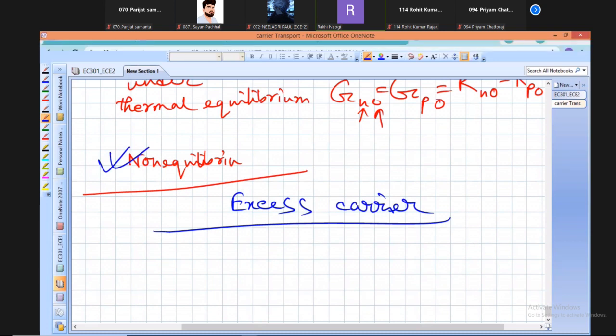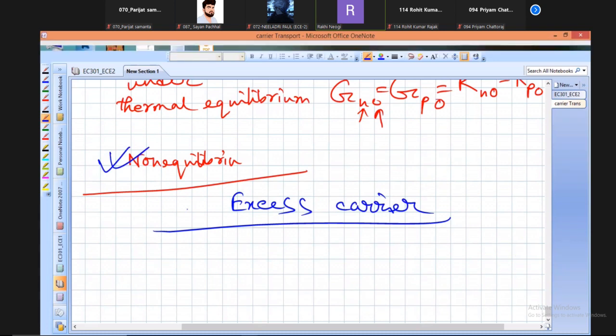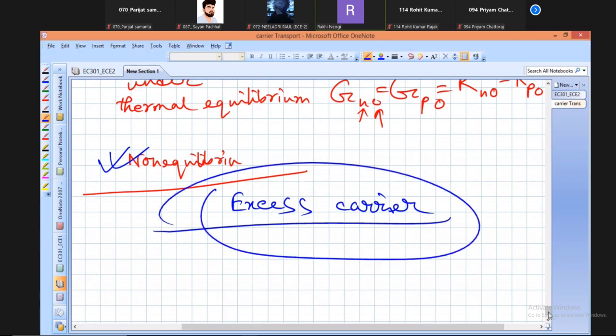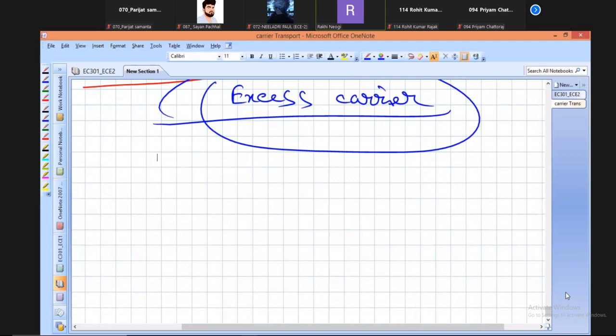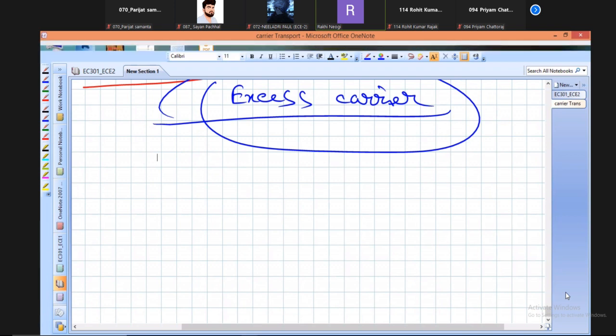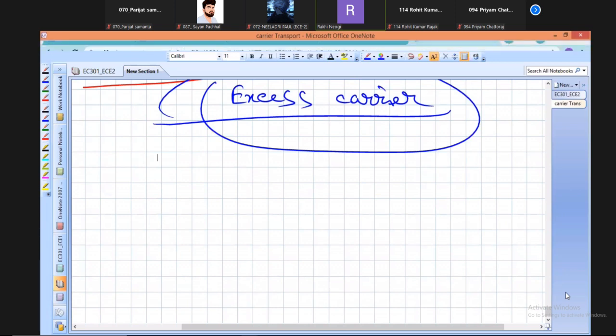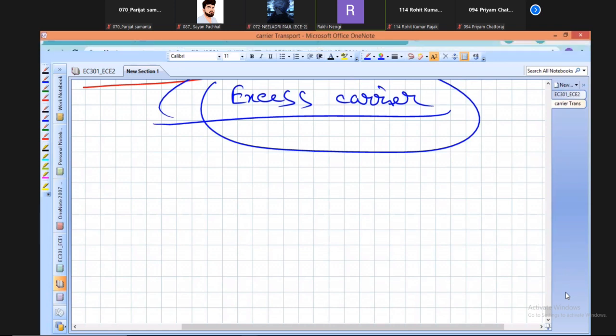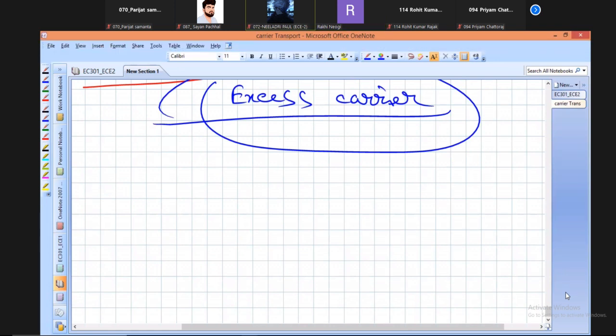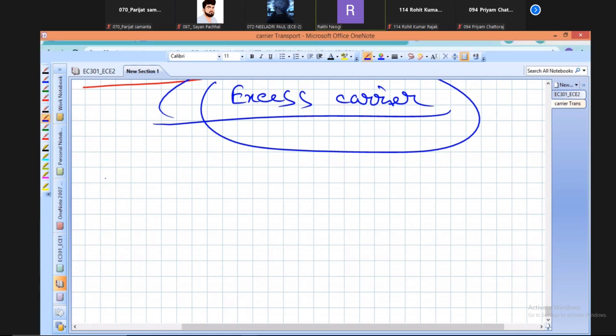It is non-equilibrium. Now when there are excess carriers, how are they generated? Definitely by considering some generation process as well as recombination process, both opposite to each other. Under non-equilibrium, how are excess carriers generated? Let's move on with the details of the generation process and the recombination process.